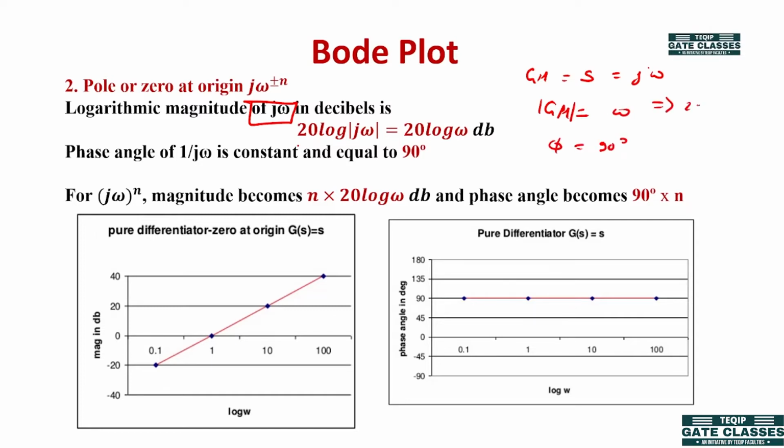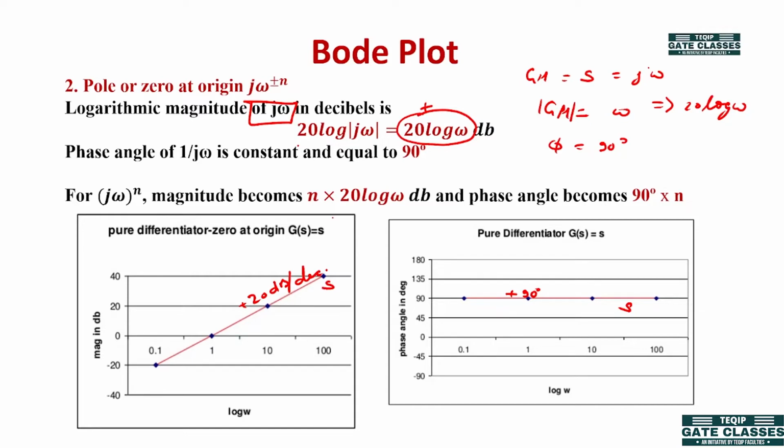If we write it in decibel form, it becomes 20 log ω. So our magnitude has a positive slope of 20 dB per decade, plus 20 dB per decade, and our angle is constant at plus 90 degrees for all values of frequency. So this is for S.